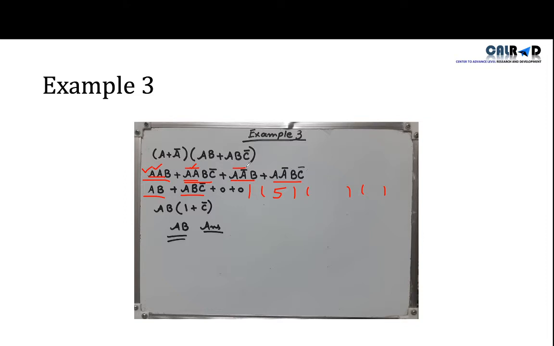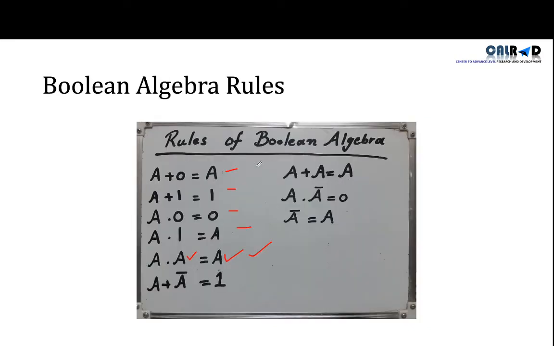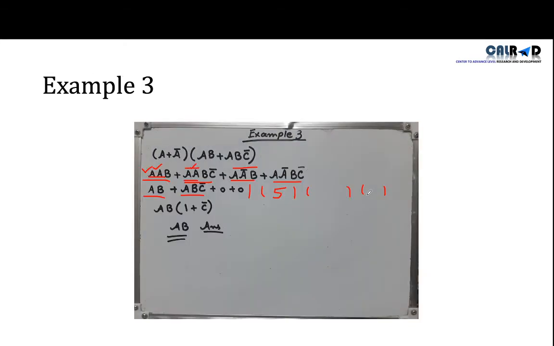Now we move toward the third one, that is A into A bar B. Is there any rule for A into A bar? Yes, A into A bar is always equal to 0. That is rule number 8.